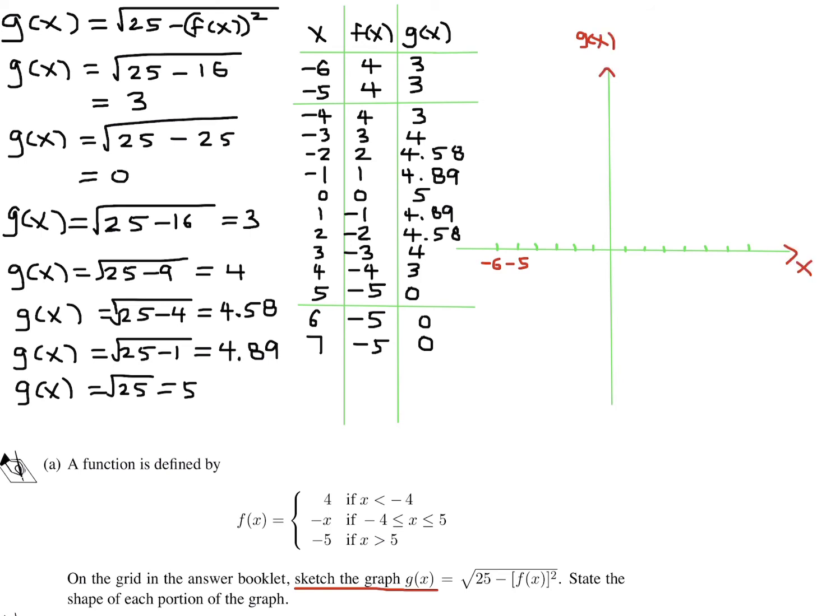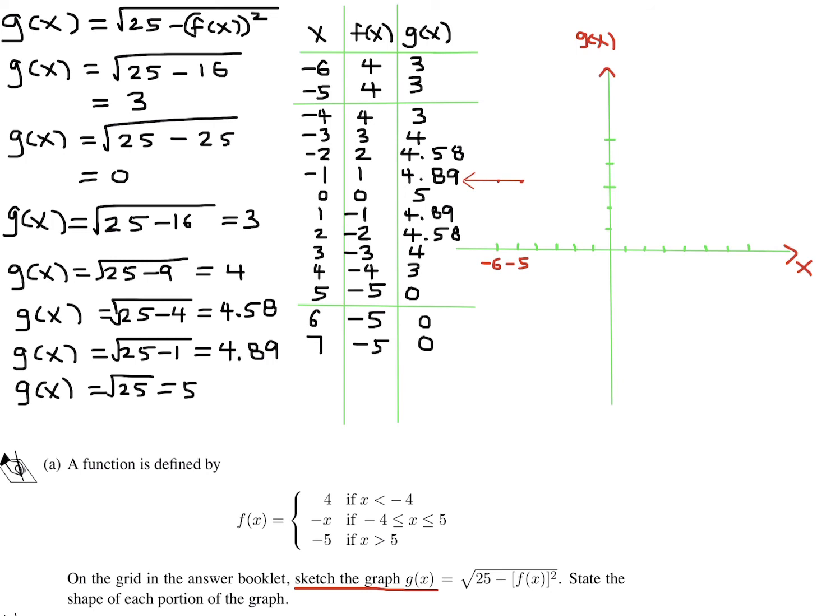Okay, so let's plot the value for g at x for -6 and -5. And there you go. It's just both of them are 3. So basically what that means is that you're going to have a line that just keeps going like that all the way to infinity, I guess, going in the right direction.